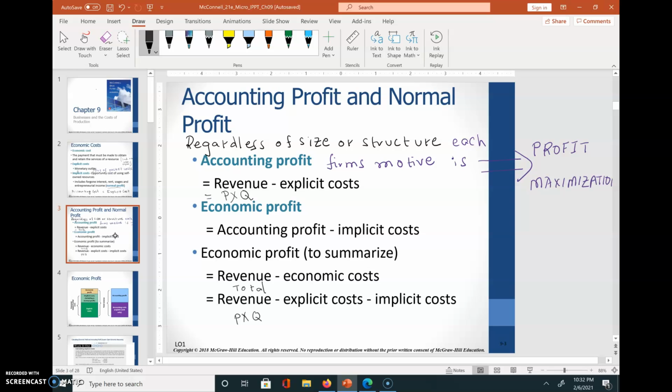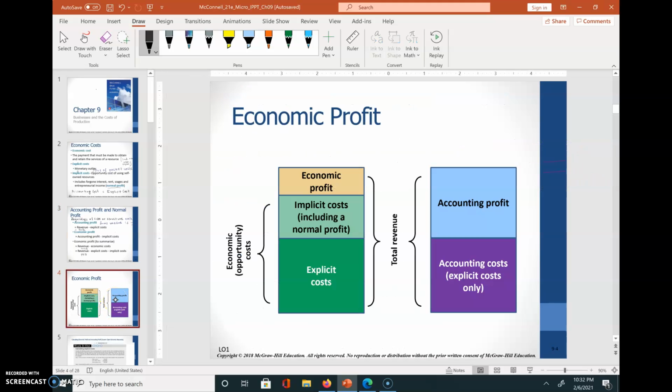When we do the calculation here, the economic profit numbers will be less than the accounting profit number. Alright, here it is just trying to show everything using these nice boxes. We are looking at economic profit and we are looking at accounting profit.